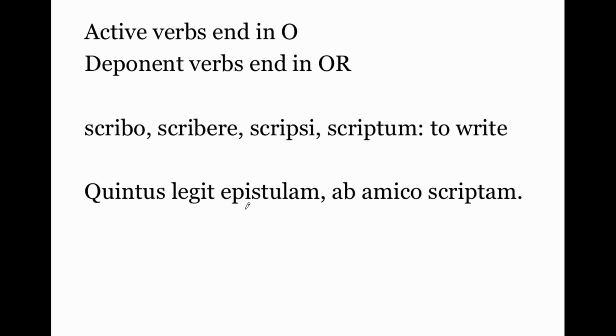Scribo, scribere, scripsi, scriptum, to write. Okay, so take a moment all on your own. Think through for a moment. Is it active or is it passive? Now notice here, this is going to be what we call a type 2 sentence.